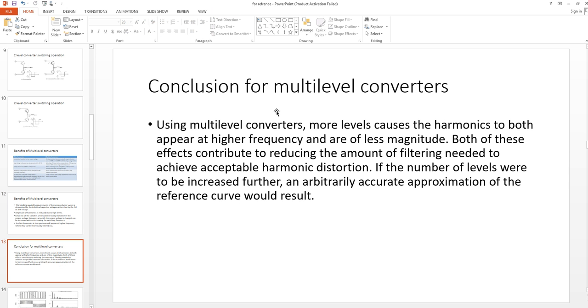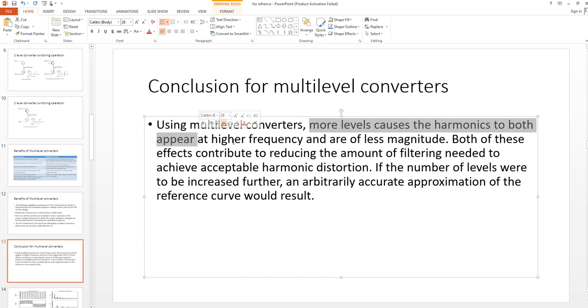If we conclude, using multi-level converters, more levels cause the harmonics to appear at higher frequency and with less magnitude. So our harmonics will appear at the higher frequency, so they can be easily filtered out, and if they are at higher frequency, no doubt their magnitude will be very low.